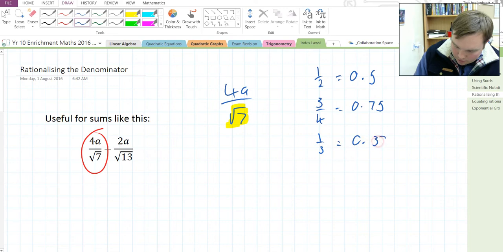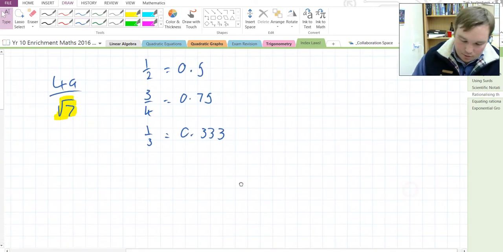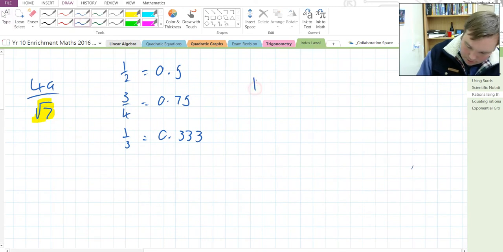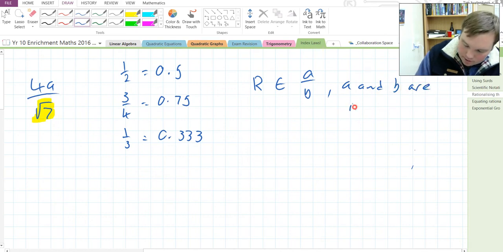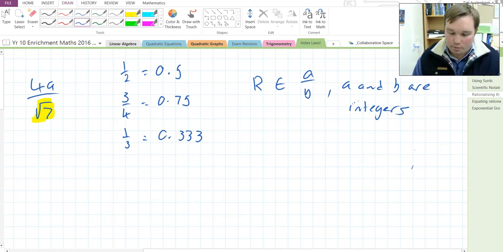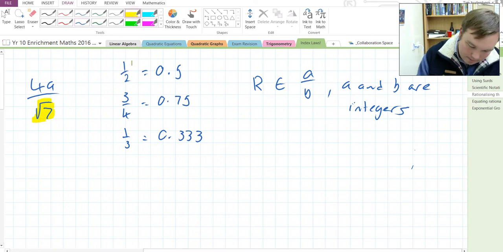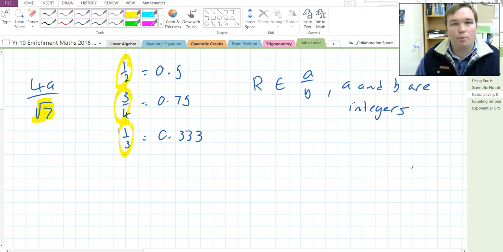So 0.333, etc. The strictest definition of a rational number is that rationals are members of the family that can be written like a over b, where a and b are integers. So if you can write a number in the form a over b, where a and b are integers, then it is rational.